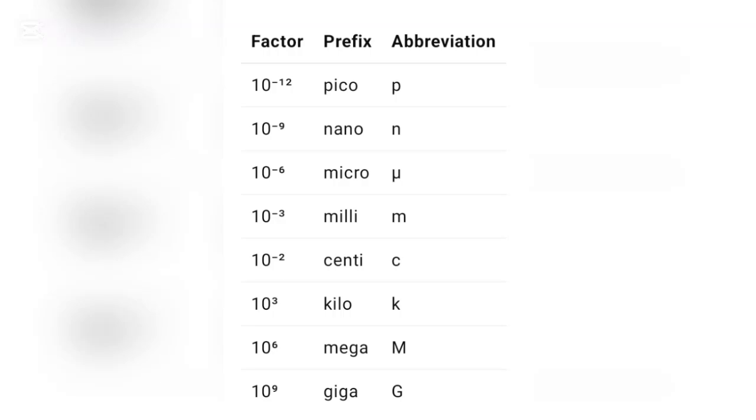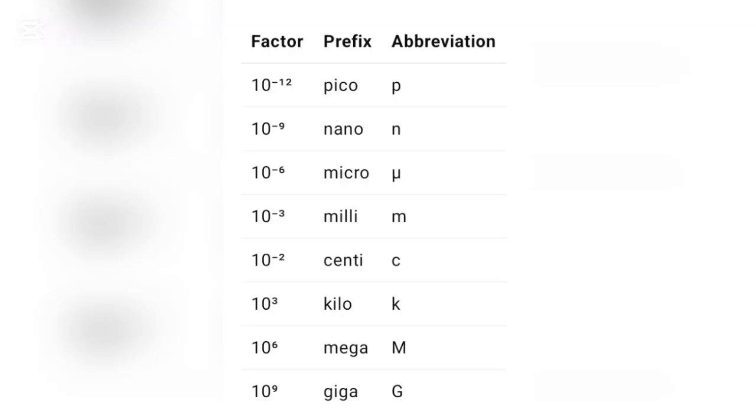Then we have 10 raised to power minus 3, milli, which is small letter m. We have 10 raised to power minus 2, centi, which is small letter c. And we have 10 raised to power 3, kilo, which is capital letter K. Then we have 10 raised to power 6, mega, capital letter M. Then we have 10 raised to power 9, giga, capital letter G.